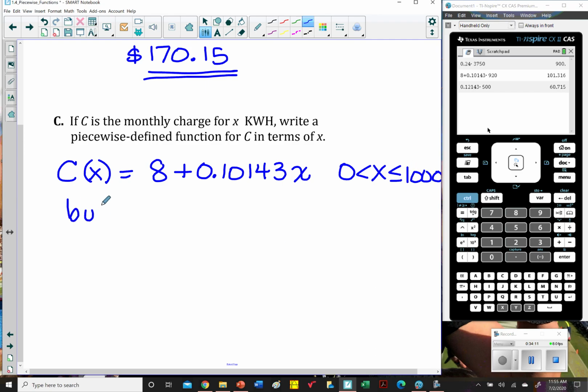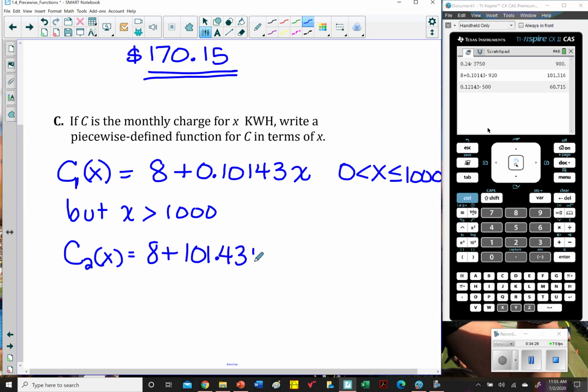But if we're more than 1,000 kilowatt hours, then we're going to pay a second charge, a second interval. We'll call this one C sub 1. It's going to be $8 plus, if we put 1,000 in here, that was 101.43, and then we're going to pay 12.143 for every hour after 1,000 are used. So I'm going to do X minus 1,000 to make that be over 1,000.